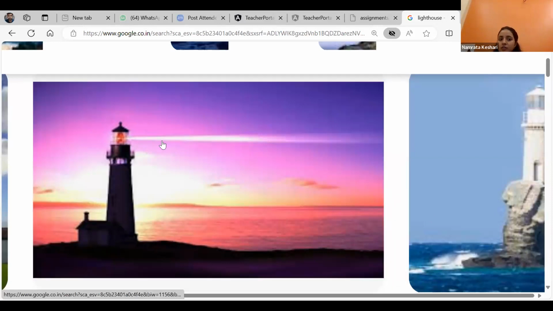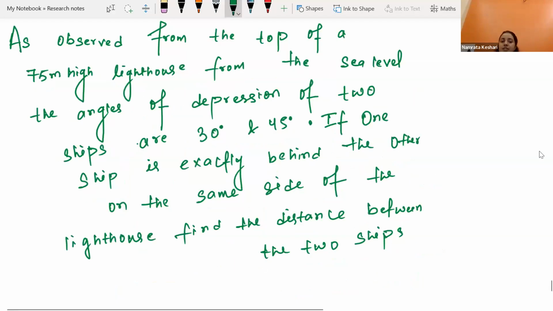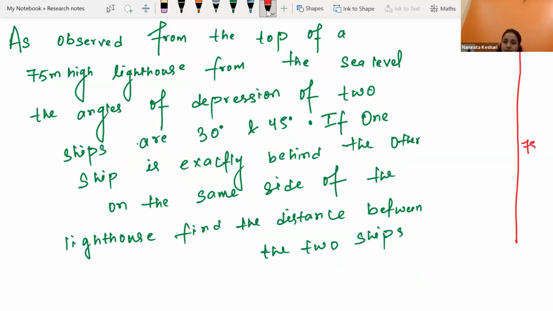Okay, so let's continue. This is the lighthouse. Now our question is having a lighthouse. Read it: as observed from the top of a 75-meter high lighthouse from the sea level.